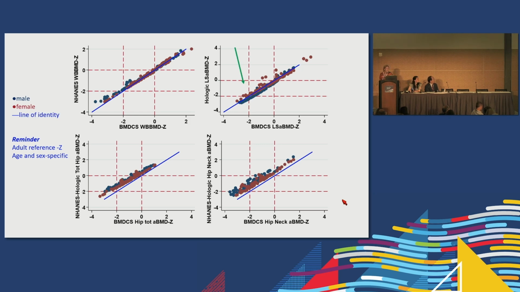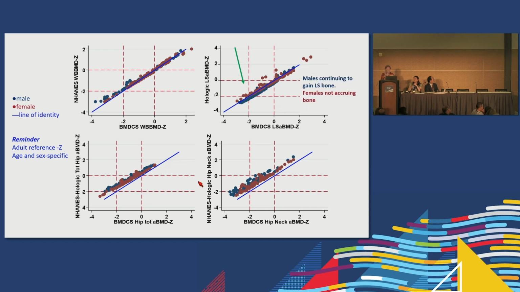What's really fascinating, and again this speaks to what Dr. Malouf was saying, is that here I'm comparing adults who are anywhere from age 20 to, say, 55, using BMDCS, so bone mass at age 20, and comparing them to the adult reference data, which is age and sex specific. So it takes into account the normal continuing increases or decreases in bone density that are expected.